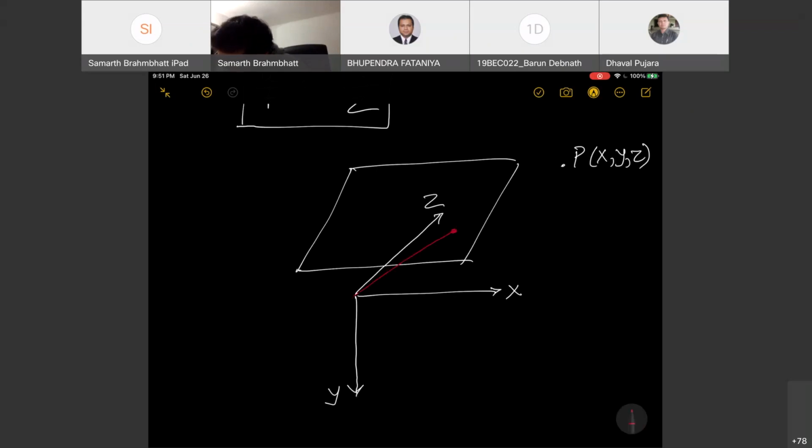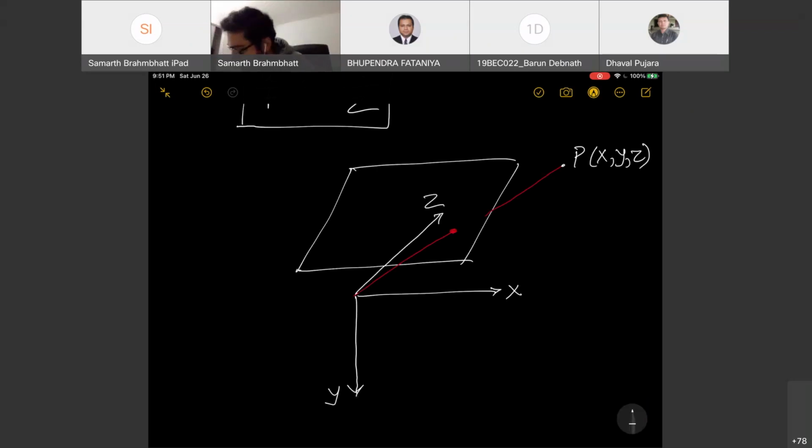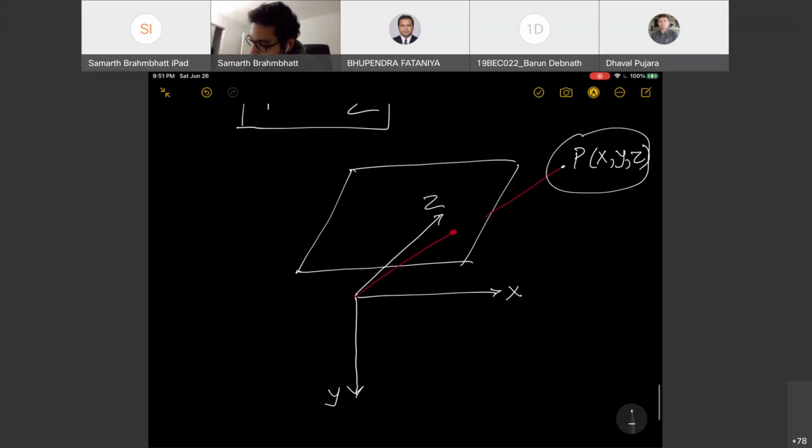Let's say it intersects this plane over here, and it goes all the way to this point P. So the main part of this lecture I want to talk to you about today is when you have a point in 3D like this, and then the ray of light from each point like that, all over in the whole world, they're all going to come in and they're all going to intersect at various locations on this image.